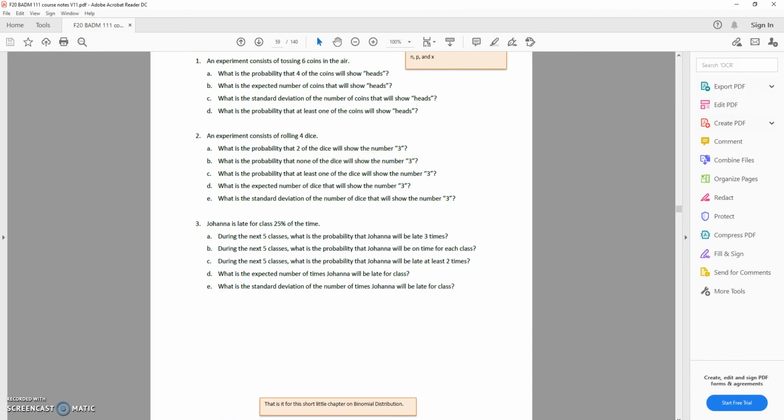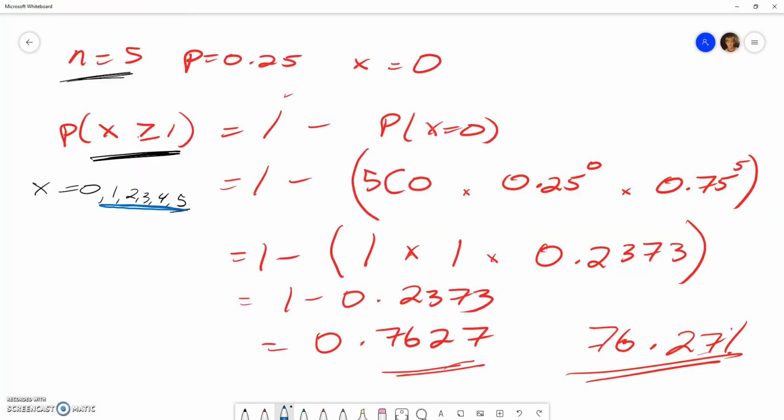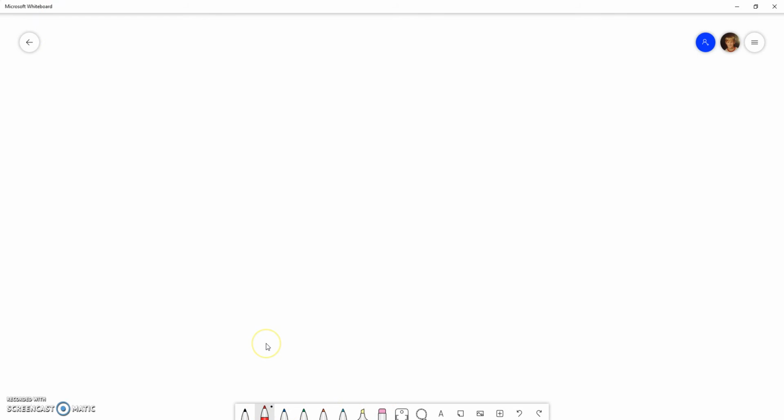So let's go here, erase this, and write what we know. We know that this is 2A on page 59. We know that n equals 4.